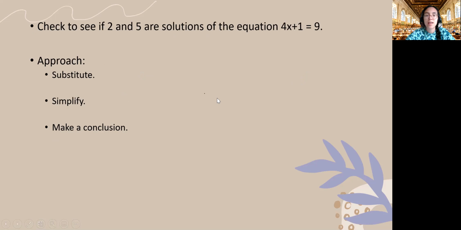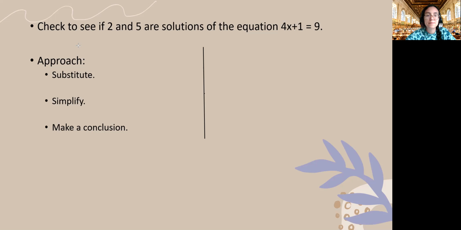Let's give ourselves some more room. I am going to separate this so that we have two working spaces. Okay, that's good enough.